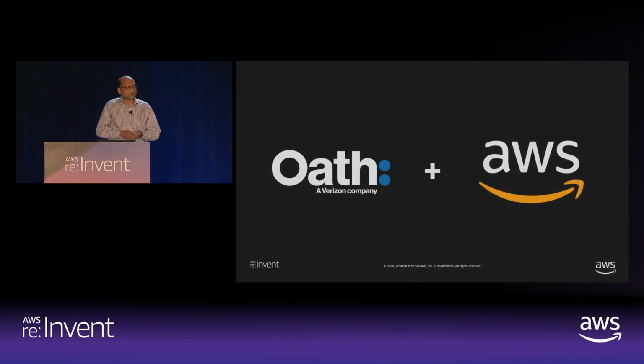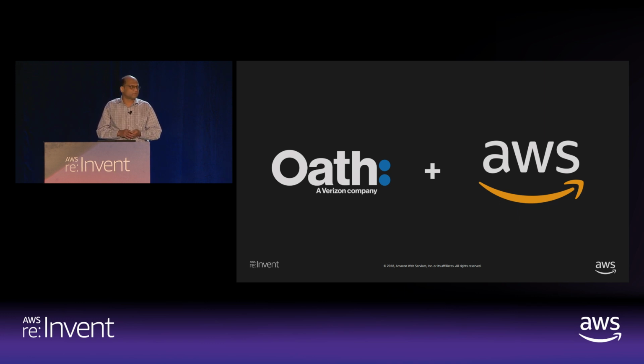Oath and its former AOL and Yahoo entities have had a long-standing relationship with AWS. AWS is home to many of Oath's marquee web properties. And Oath runs key segments of its programmatic advertising business on AWS.